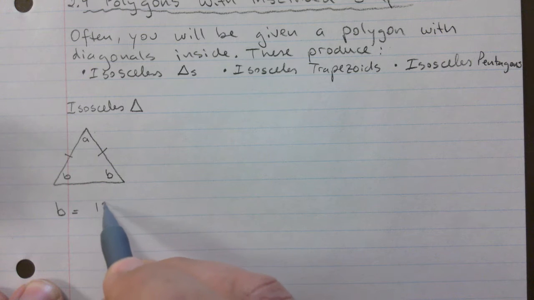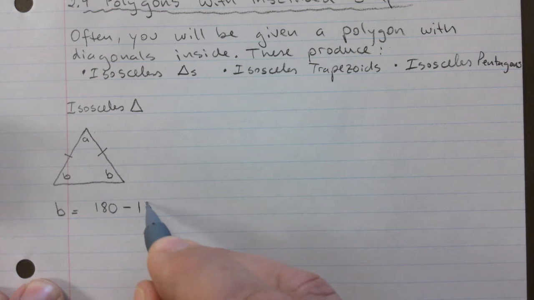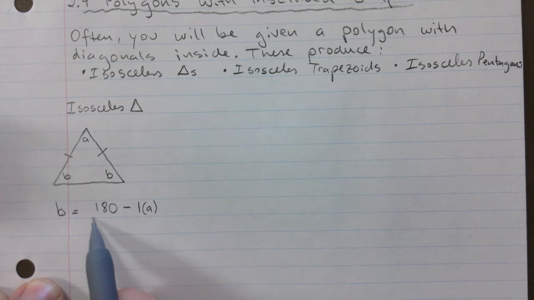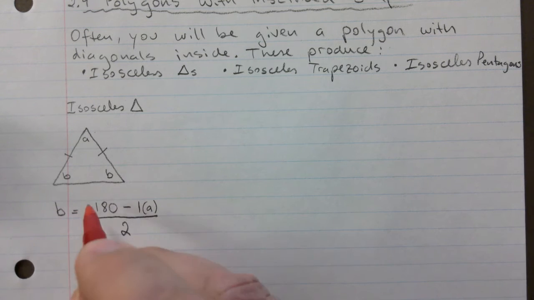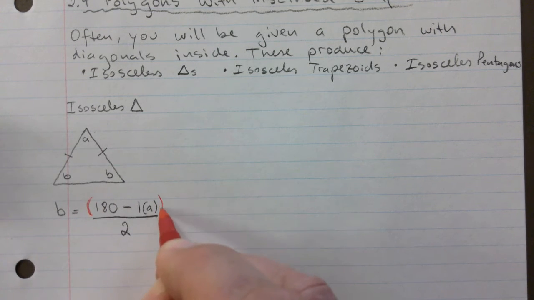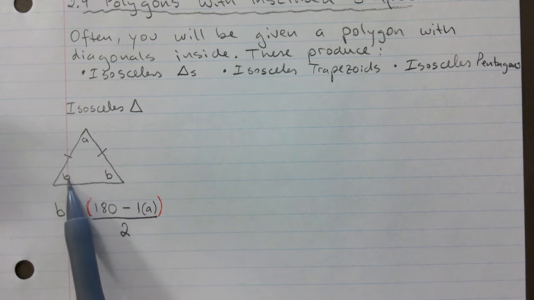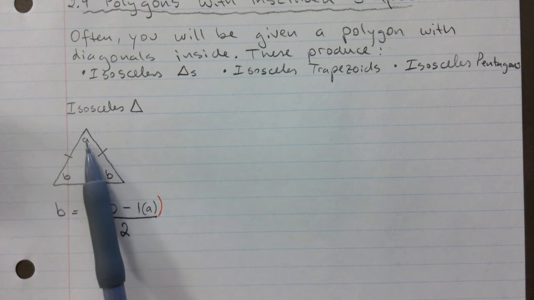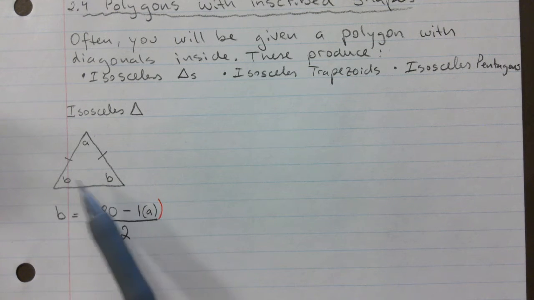It would be (180 minus 1 times A) divided by 2. I add the invisible brackets because students forget those. So to find B, we go 180 minus the angle at the top, and divide that by 2 because you're splitting that difference in half.